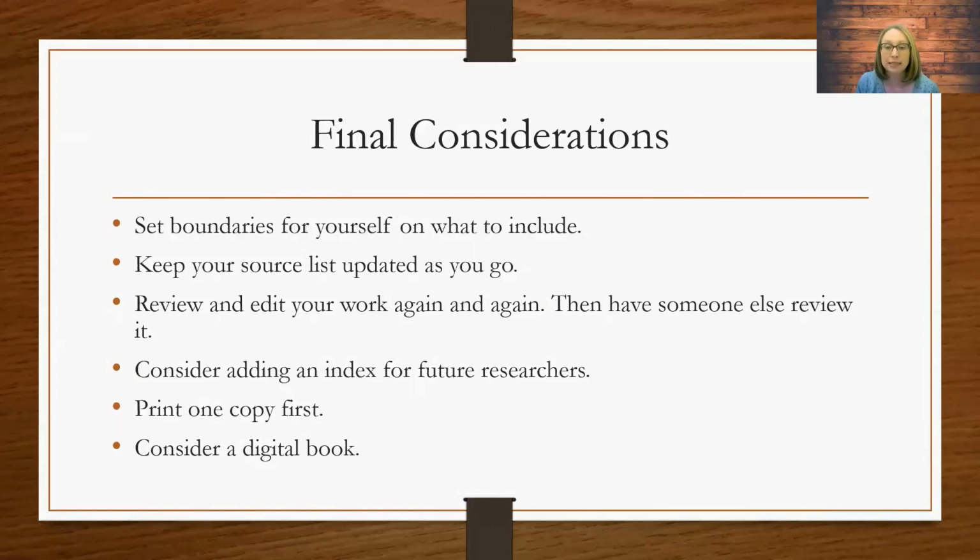And then also just consider a digital version of a book, which is basically what I did, because it was my first go round. You can email it out to family members, or put it in a Google Drive and share it with them there, however you'd like to do it. If you have a blog, put it there. So those are the last things that I want you to think about.